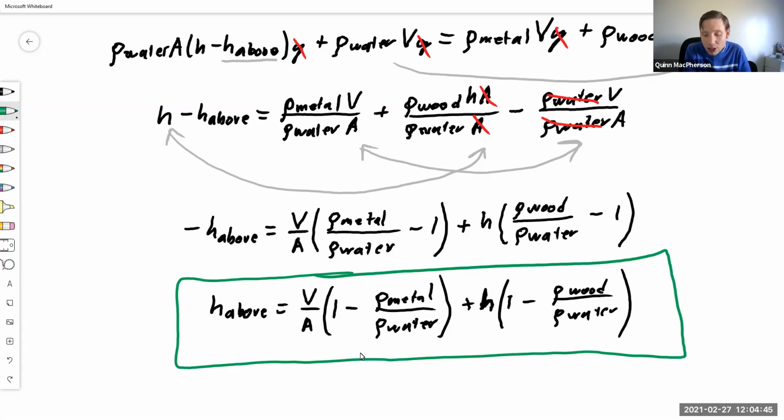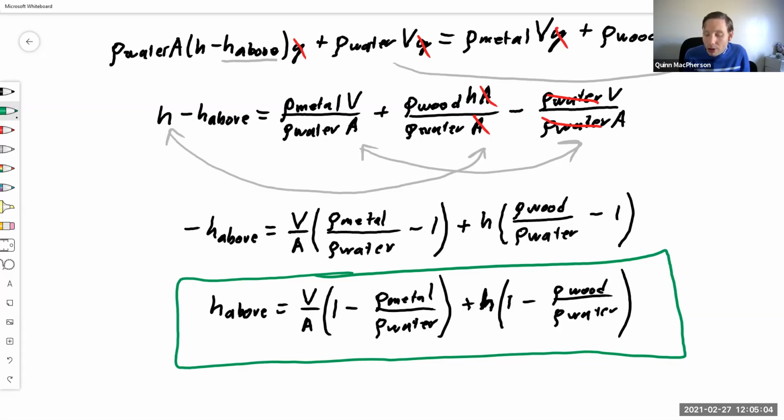If the whole contraption is to float, then this term here better be more positive than this term here is negative. Otherwise, well, it sinks. What else can you tell? Suppose we didn't have metal. Suppose V was 0.